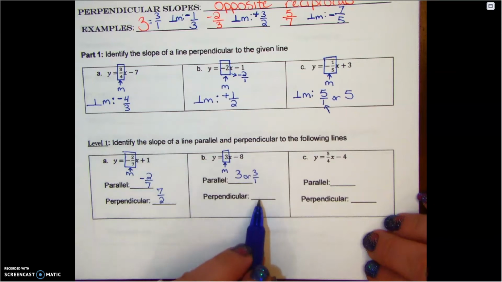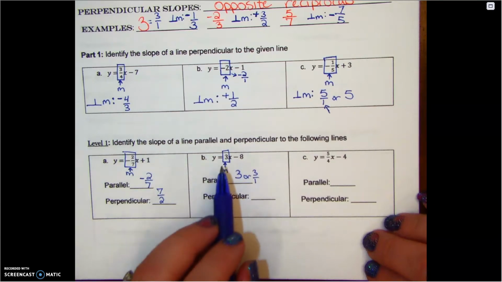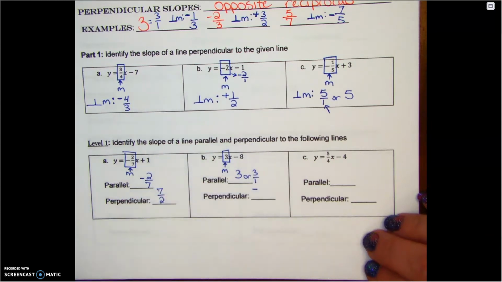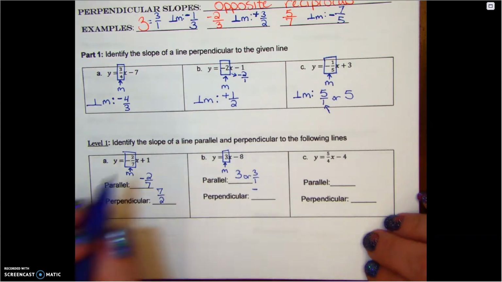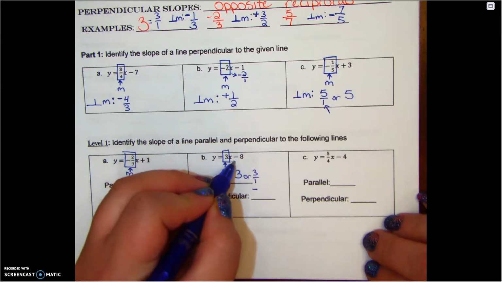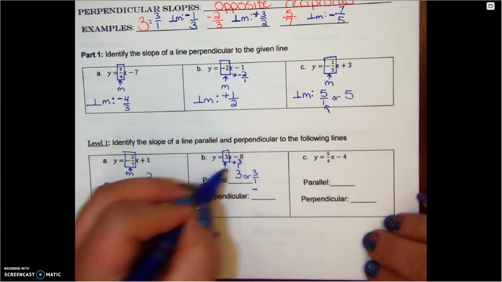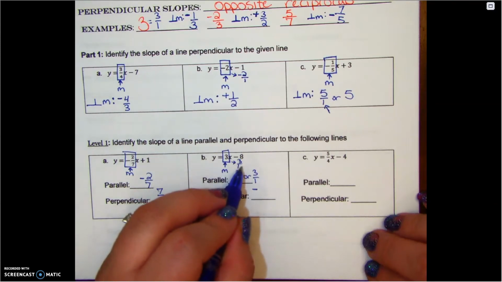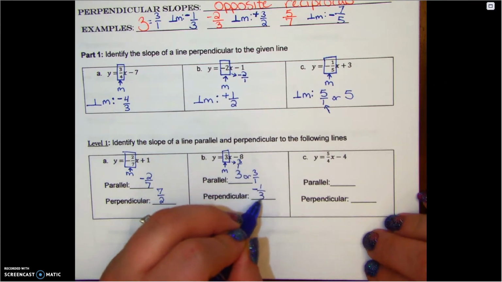And then perpendicular slope. The original slope was positive. That automatically tells me perpendicular should be negative. The original slope was 3, or you could say 3/1. So the perpendicular slope would flip that upside down and make it 1/3.